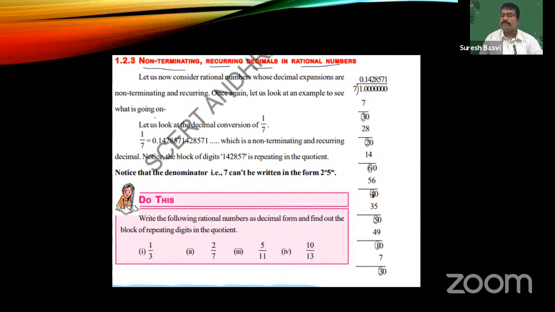What is the remainder? 4 is the remainder, and we have to put 0 beside that. Next 7 5 is 35. 50 is there. 7 7 is 49, and 1 is there. So then onwards, what is it that is going to be repeated? That is going to be repeated: 1 4 2 8 5 7.